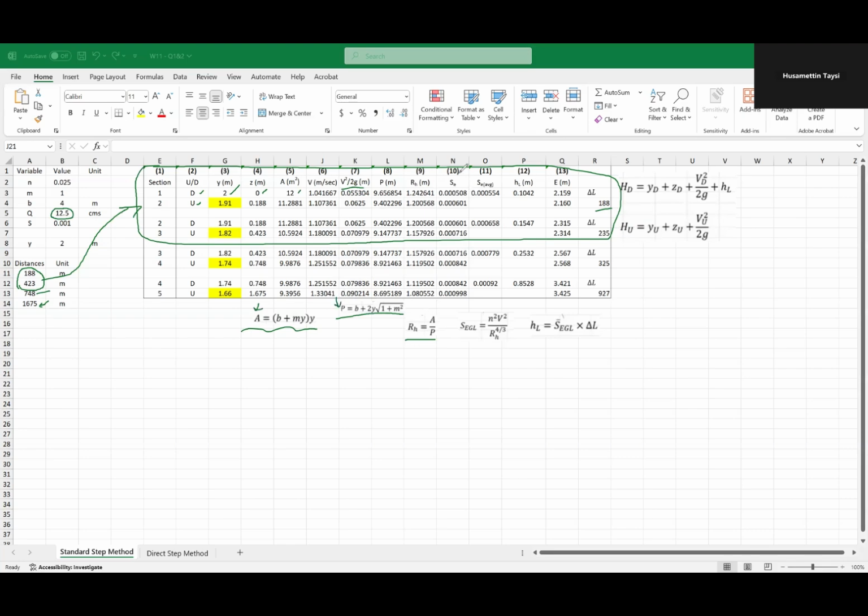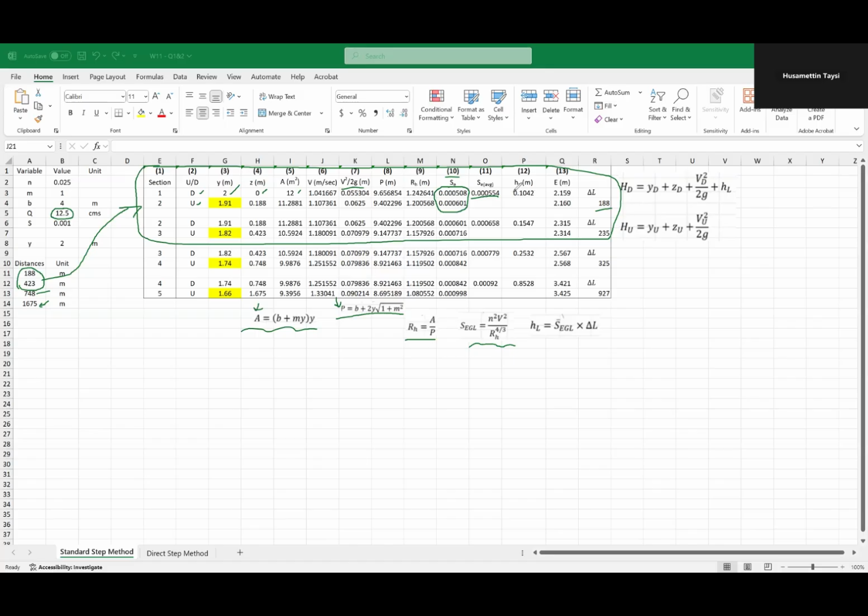After that, for column 10, we use this slope equation, which comes from n square v square over hydraulic radius to the power of 4 over 3. And we just get the average slope for the upstream and downstream.